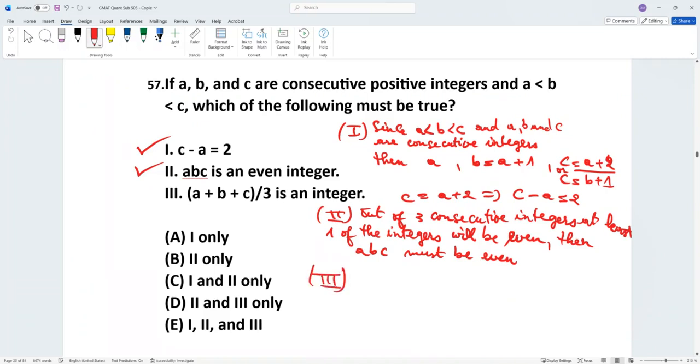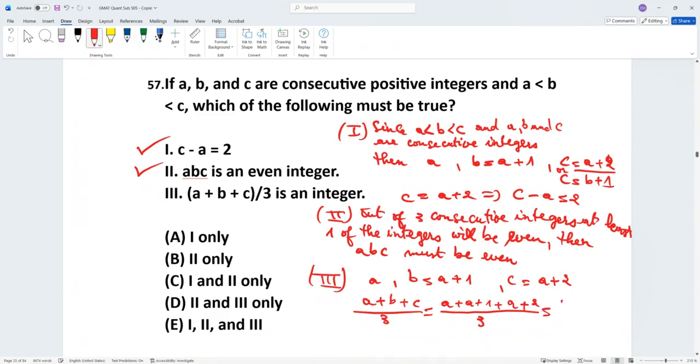So the second condition is also true. And then let's come here. Since we've determined that B is equal to A plus 1 and C is equal to A plus 2, then we can say that A plus B plus C over 3 is equal to A plus A plus 1 plus A plus 2 over 3.